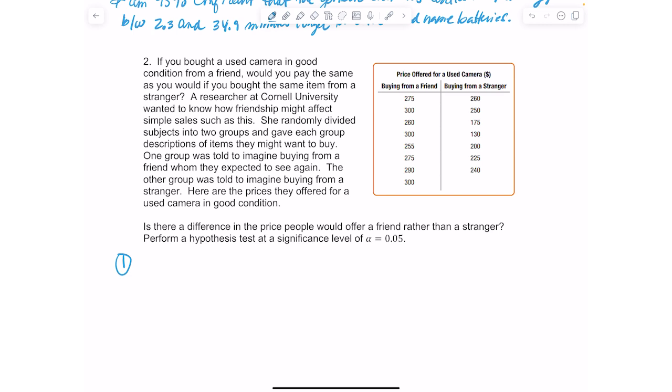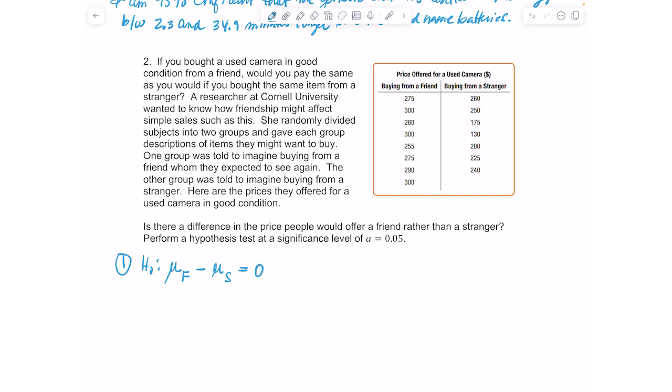All right, so step one, your hypotheses. You know that you've got mu, and again, we need to figure out the sample statistics, but we'll do that shortly. So here you have mu f minus mu s, the mean amount of money you would pay a friend minus the mean amount of money you would pay a stranger.